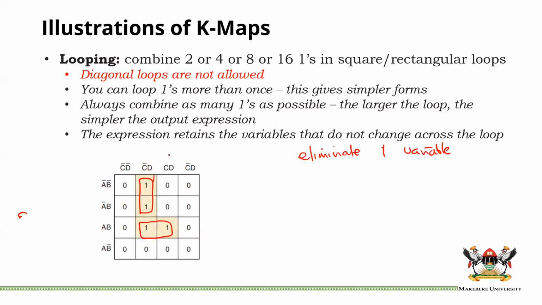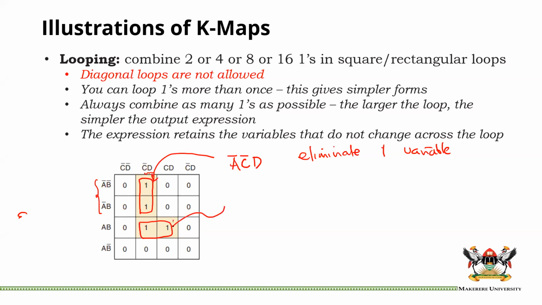So if we look at this loop, you can see that both ones correspond to C inverse D. So already C inverse D will be there. We are not eliminating anything since it is not changing in that direction. But in this direction, we can see that this loop includes A inverse B inverse and A inverse B, meaning A inverse is constant. It is B which has changed. So that loop will be A inverse CD.